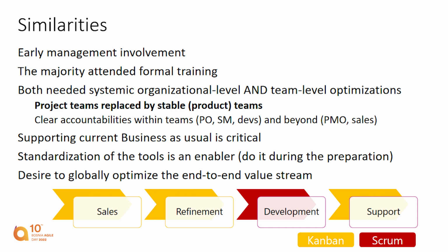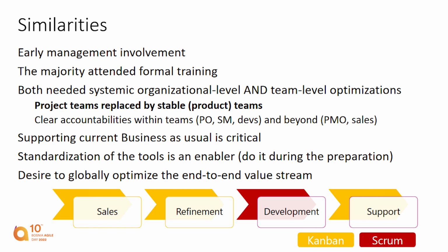One very important similarity was that we had support from management at all levels in both companies throughout the transformation, and still do. And that was decisive for the success of those 2 transformations. And the majority of people in their engineering organizations and also outside their engineering organizations, like sales, have attended the foundational training.